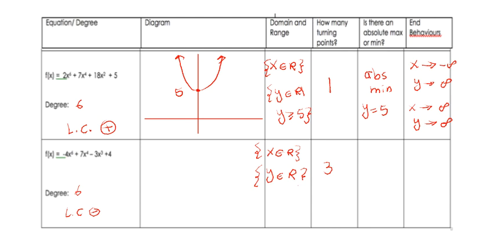So our y is less than or equal to 11.767, and then I have an absolute max at that value.